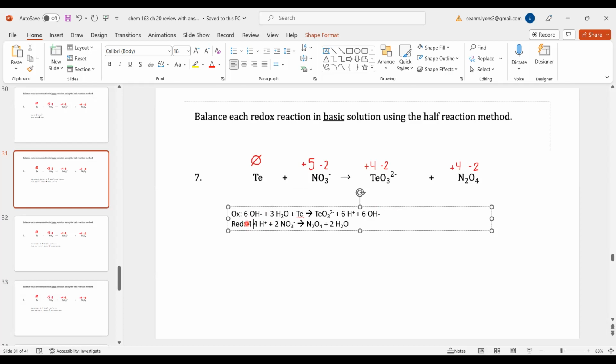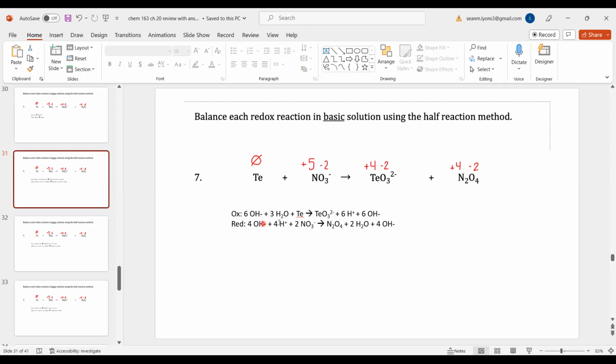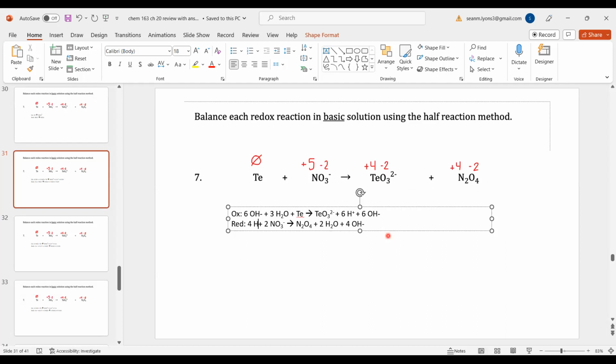So since we added 4 hydrogen there, we're going to need to add 4 hydroxide to both sides. Okay. But then when we do that, what we can do is then combine these into just water. So H2O.